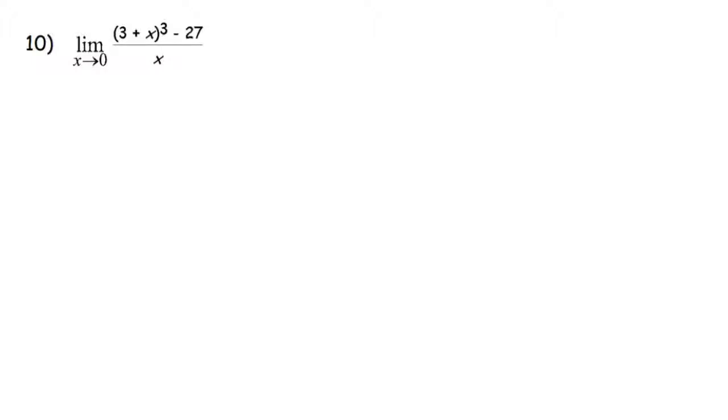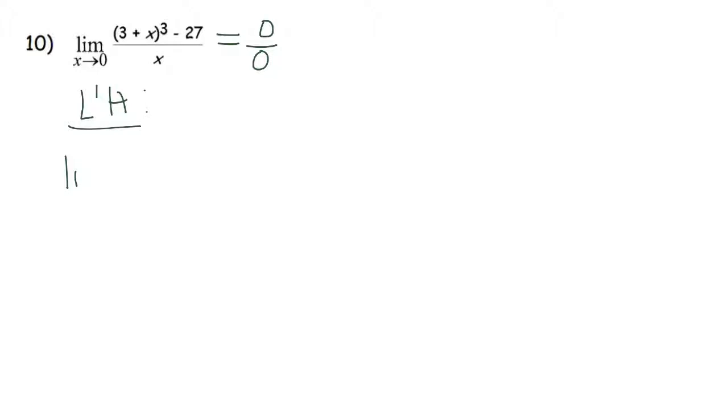Most people really like jumping on that L'Hopital's train, but do make sure again that when you plug in, you do get 0 over 0, and then you can jump on L'Hopital's train here. And whenever you do your derivative, again, remember that you will need to do the chain rule.